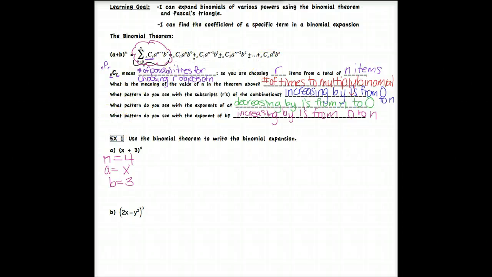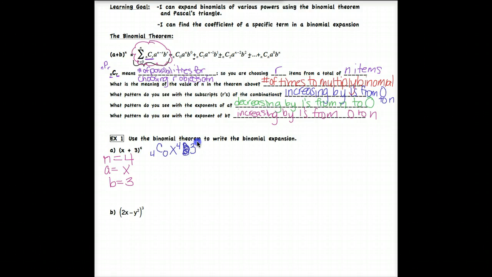So the very beginning, we have n choose 0, so n is 4, so 4 choose 0, then we have a to the n, a is x, so x to the n, which is 4, b to the 0. Oops, and I forgot to plug in my b value, silly me.